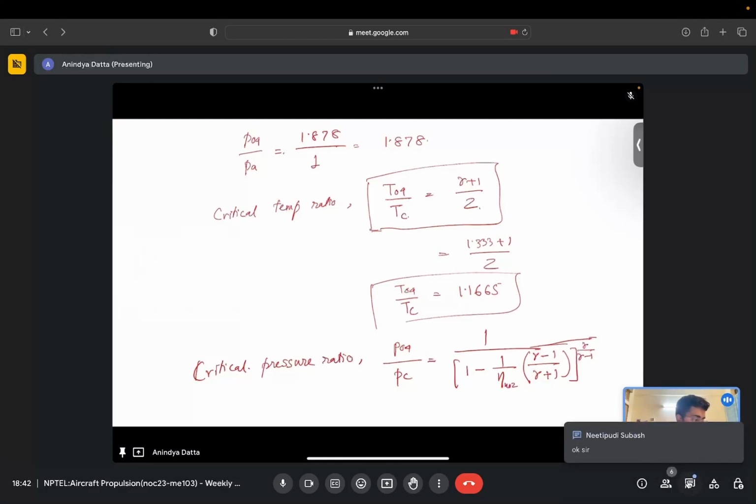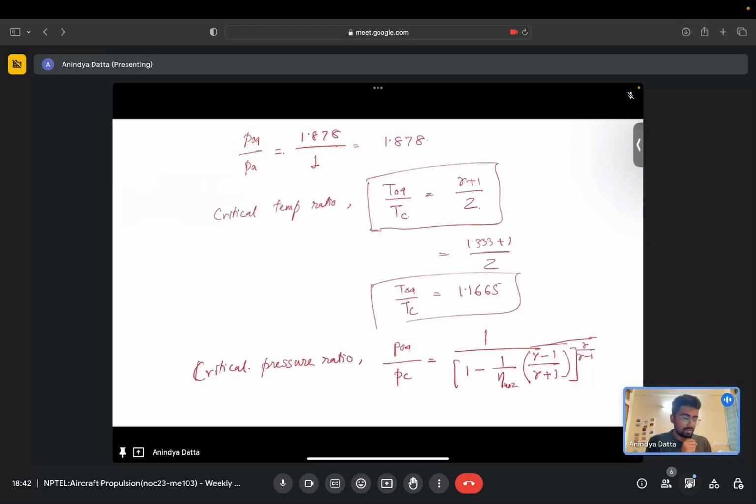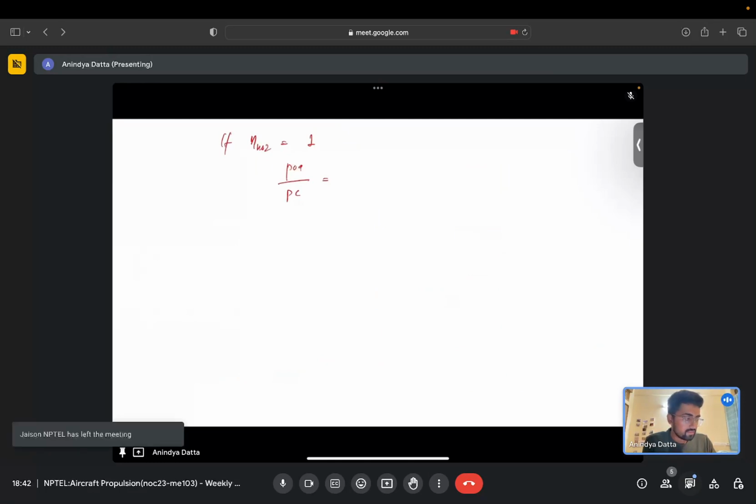Now, just to show you, if eta nozzle is equal to 1 and you simplify this expression, P04 by Pc will be equal to gamma plus 1 by 2 whole to the power gamma by gamma minus 1, which is equal to T04 by Tc to the power gamma by gamma minus 1.